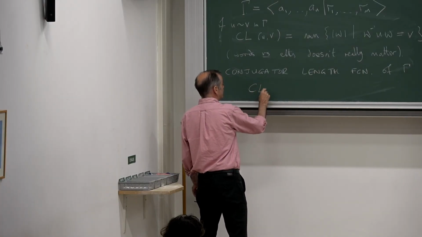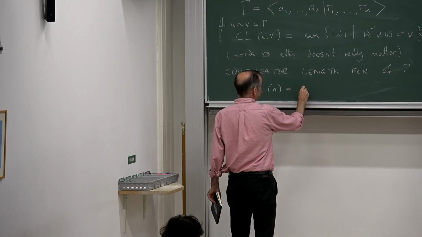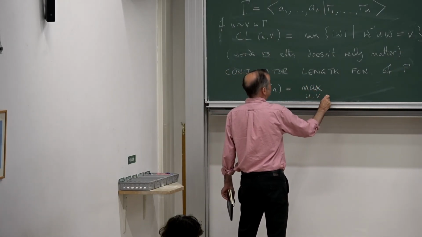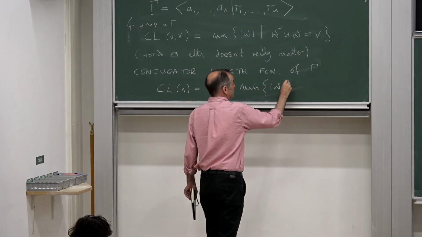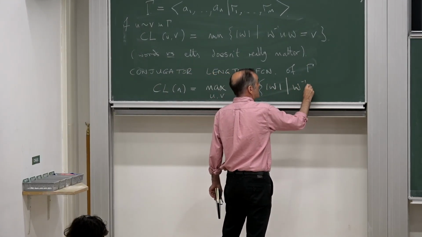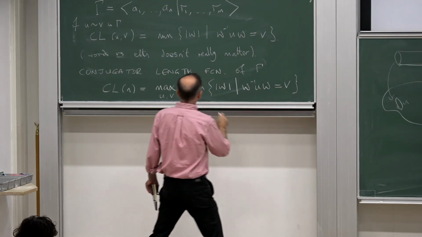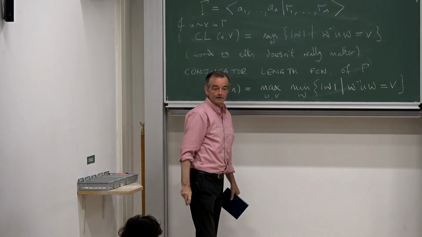So the conjugator length function at n will be what I'll do. I'll look at the hardest problem up to length n and take the minimal conjugator. That's the minimum over W, and that's the max over U and V. Does that make sense?